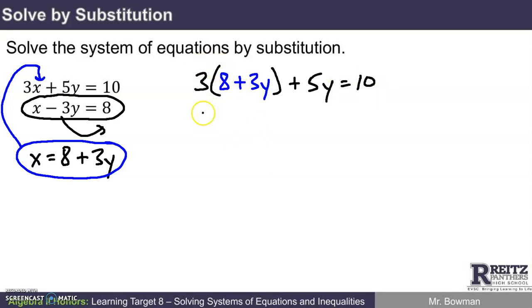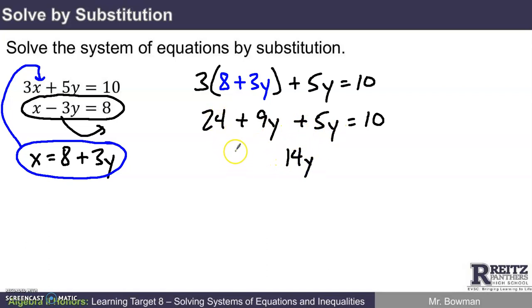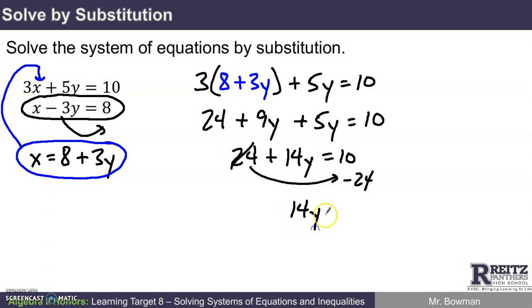I'll distribute the 3. 24 plus 9y plus the 5y equals 10. I can combine these. That makes 14y. Don't lose the plus 24 here. If I subtract both sides by 24, what I would get is 14y equals negative 14, or y equals negative 1.